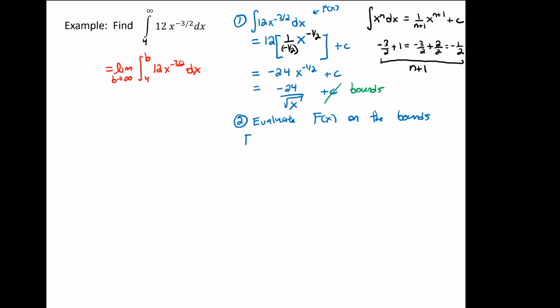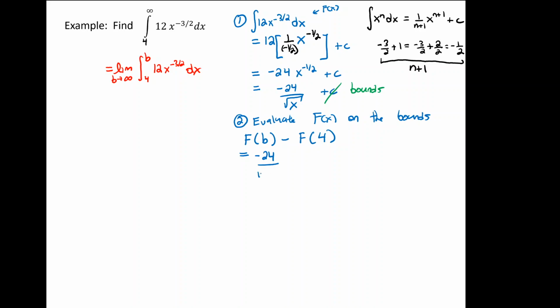So we have capital F at the top bound, which is b, minus capital F at the bottom bound, which is thankfully 4 now. You can go back and look at why the 0 had to change with what we're about to do, at least if we didn't want to have some other problem occur for this type of a question.